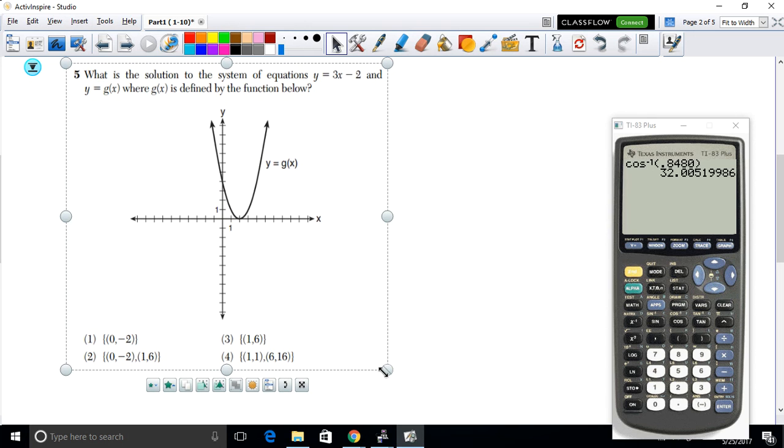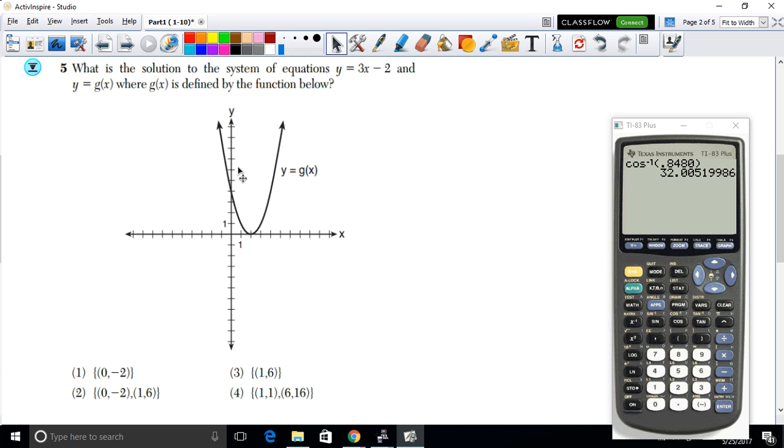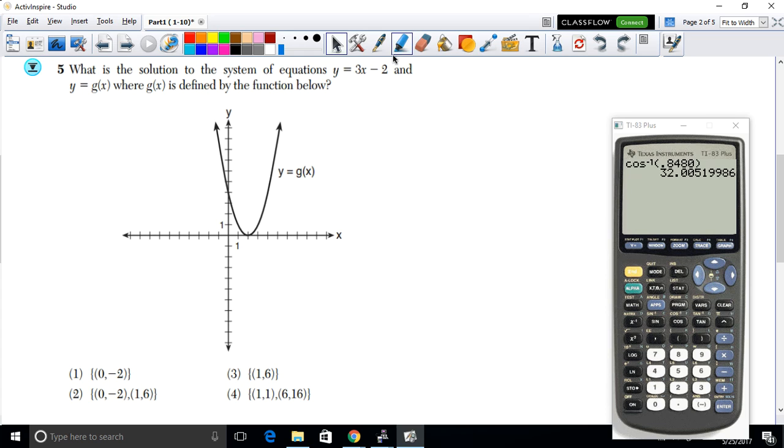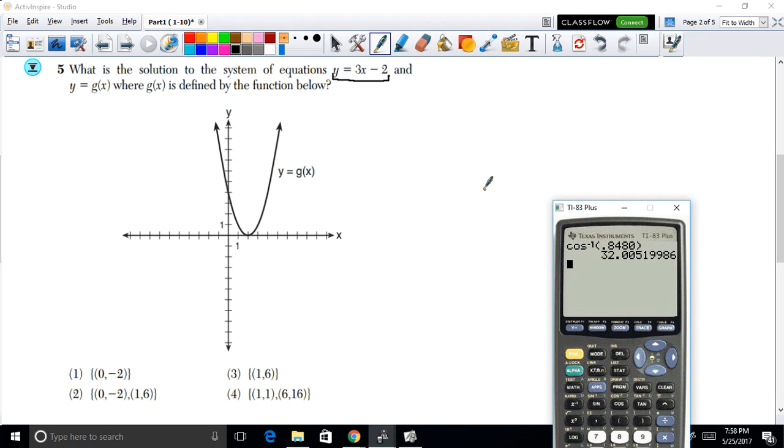All right, so here, in example 5, it says, what is the solution to the system of equations y equals 3x minus 2 and y equals g of x, where g of x is defined as a function below. Now, here we're being asked, what is the solution of two functions? And the solution occurs, so let me write this down because this is important.